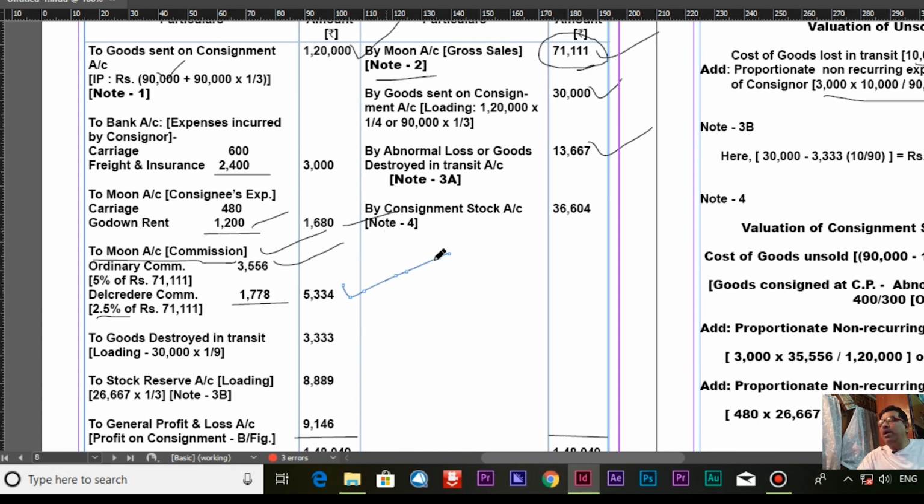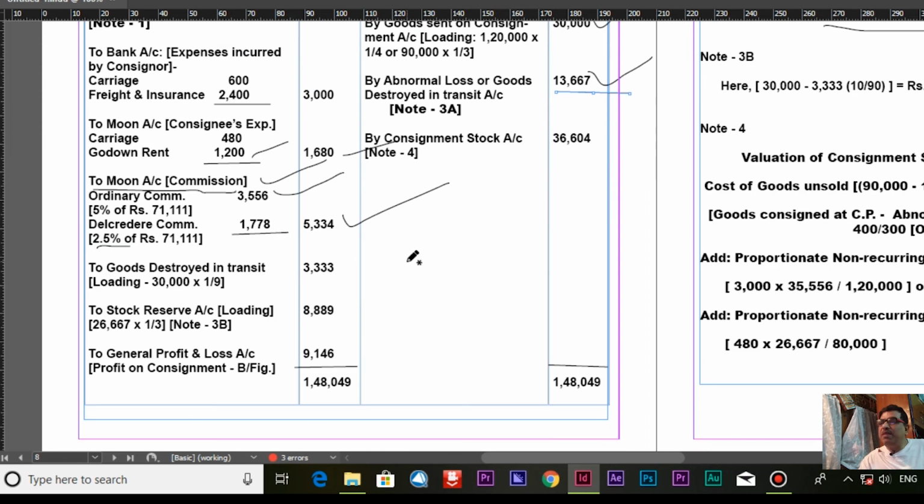Now, I have to calculate amount of consignment stock. It is the most important part. On the other hand, abnormal loss was 13,667. Here, some loading is there. Therefore, we have to charge loading on the opposite side. And to goods destroyed in transit, loading, 30,000 loading was there, and into 1/9.